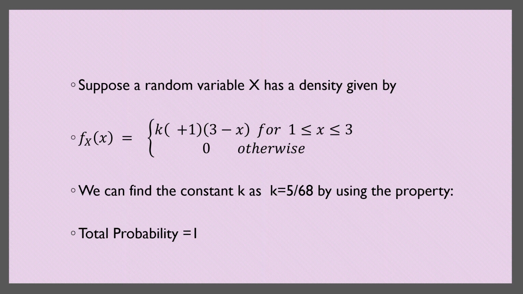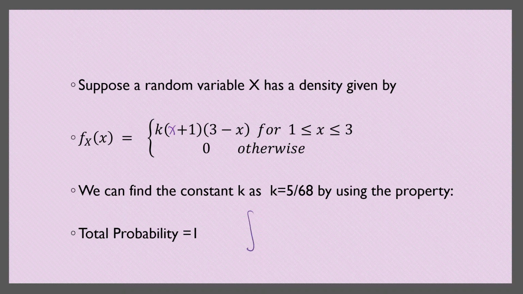Now if you take a density function where it involves a constant k times x plus 1 times 3 minus x, in the interval 1 through 3 and 0 otherwise, you can easily find the constant k as 5 by 68 by using the property that the total probability is 1. And what is the total probability in this case?